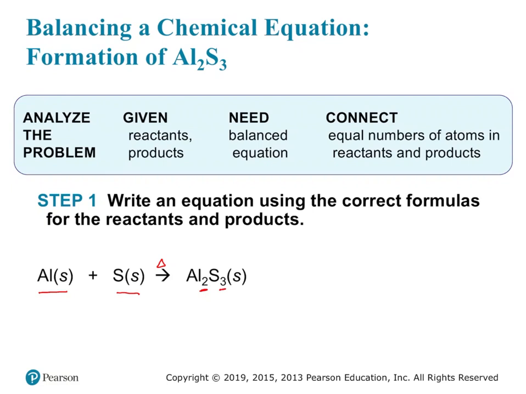Now, when we're balancing chemical equations, what we're going to do is add numbers or coefficients in front of the elements or the compound in order to balance them, but we're never going to change the subscripts. At least not when we're balancing equations.